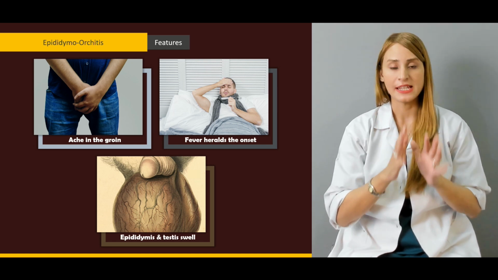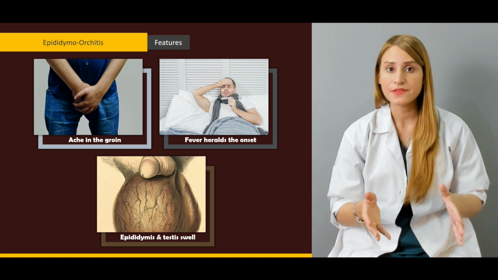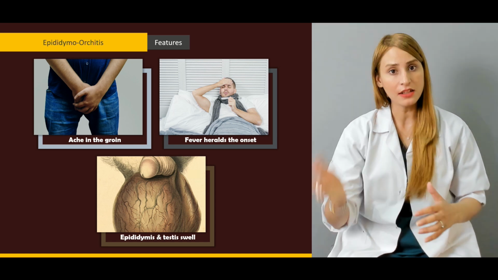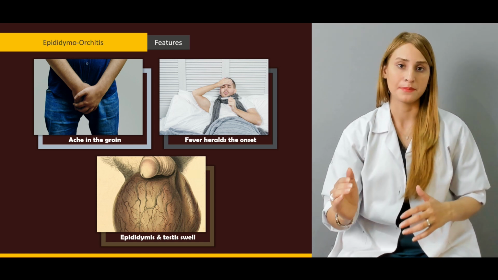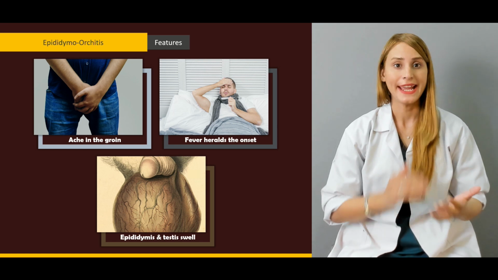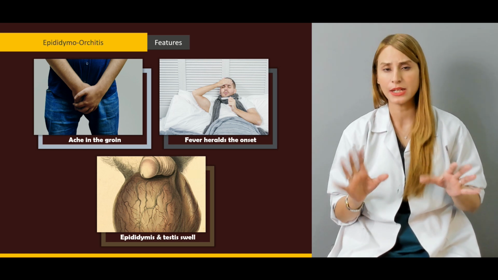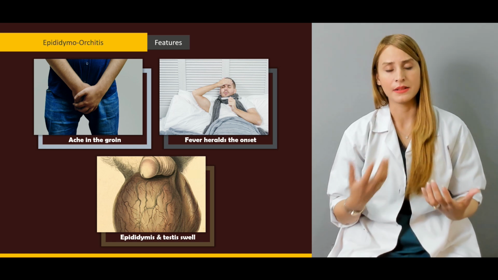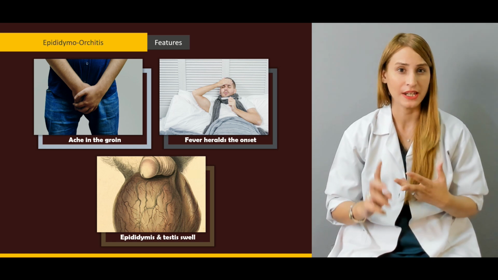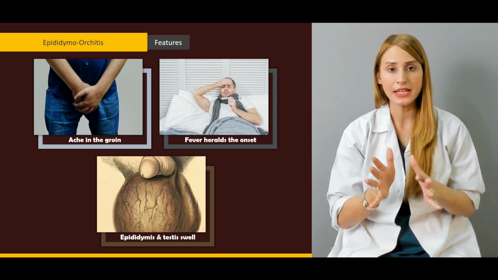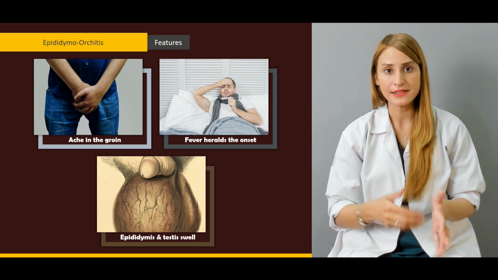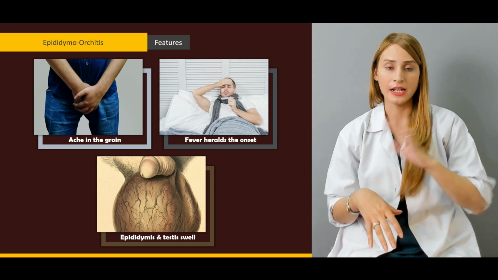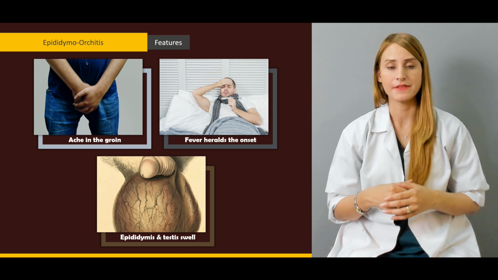Inspect the swelling, its size, its consistency, the color, the temperature and the redness. There would be redness on inspection, and on palpation the temperature of the swelling would be higher compared to the rest of the body.